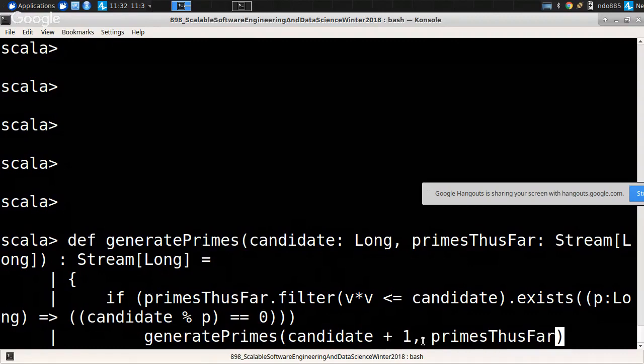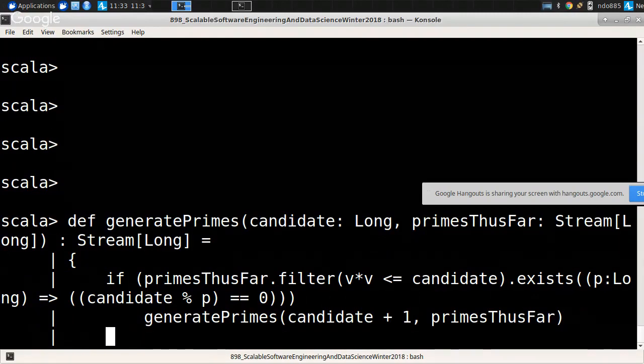And we have no new primes to consider because we haven't found a new prime. So it's just primes thus far. Do you see that? In other words, candidate is not a prime, so we know it doesn't have to be part of the list we return, and in order to compute the remaining primes, we don't have to pass it up. Do you see that? Okay.